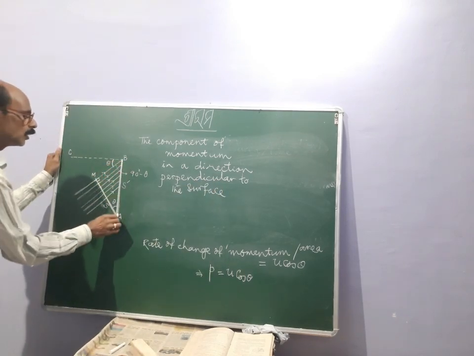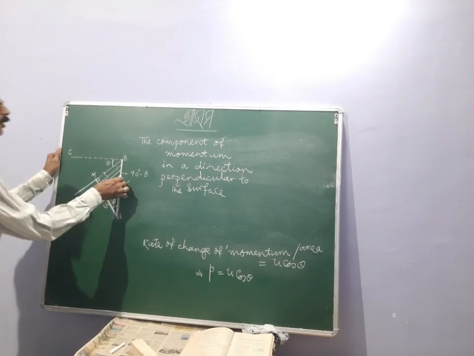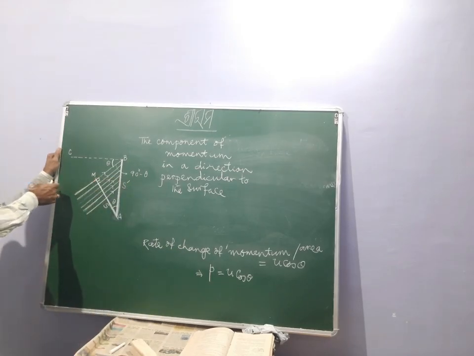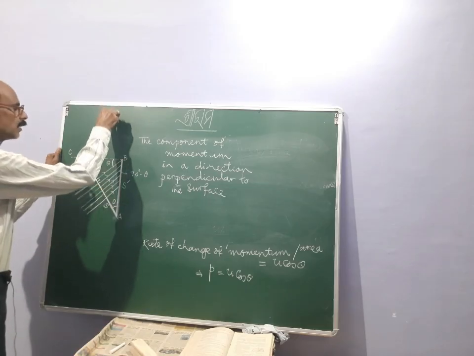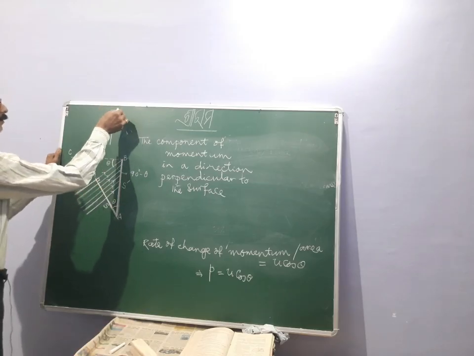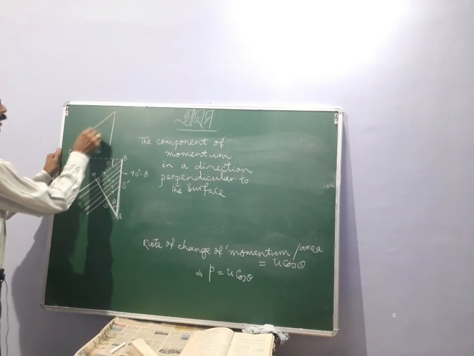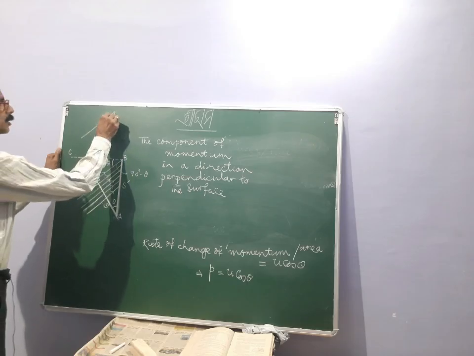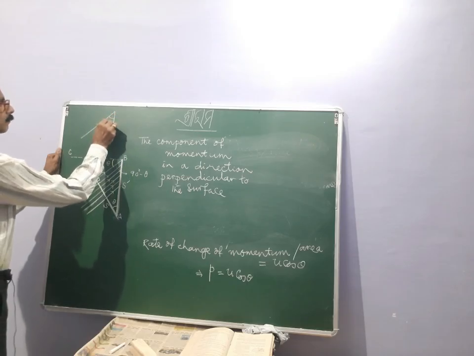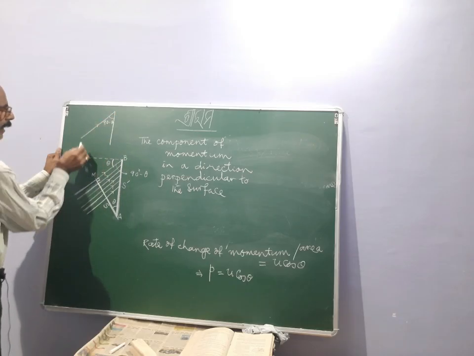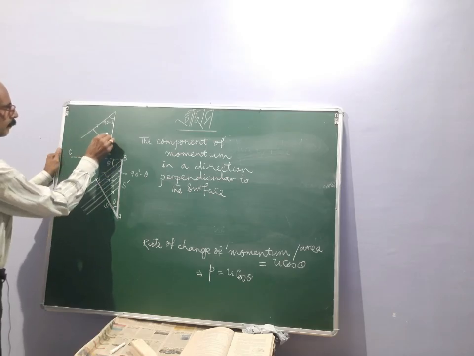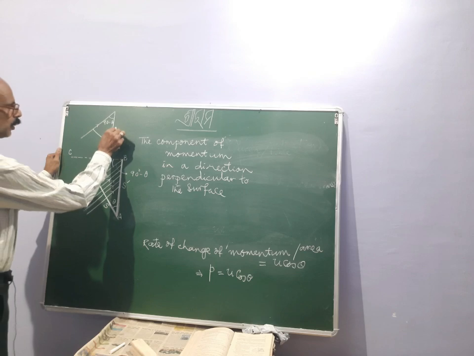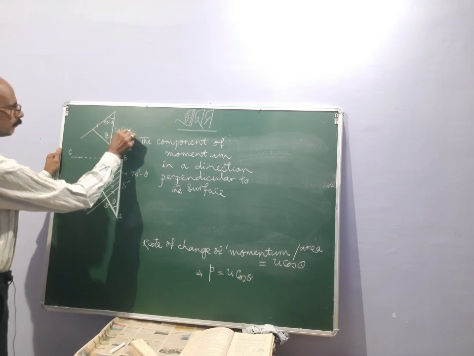So to this surface, this is u cos theta. So perpendicular to the surface, it will be how much? See, this is 90 minus theta, and this is theta. So here u cos theta.